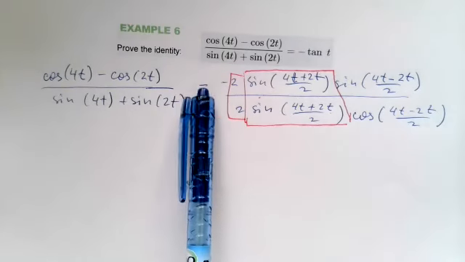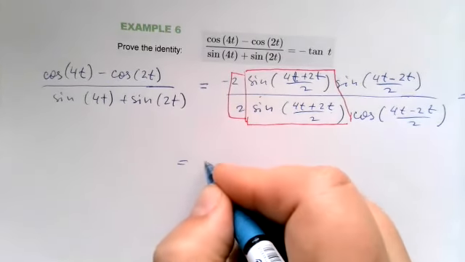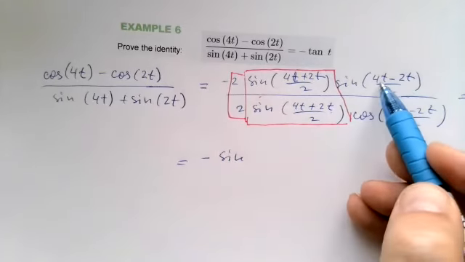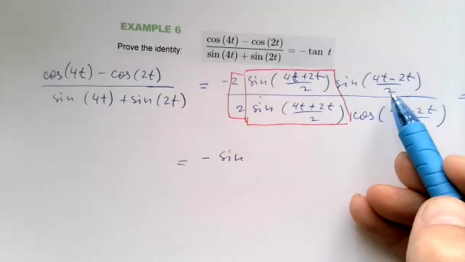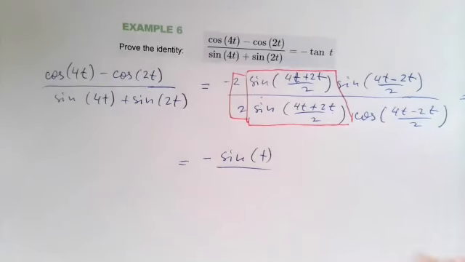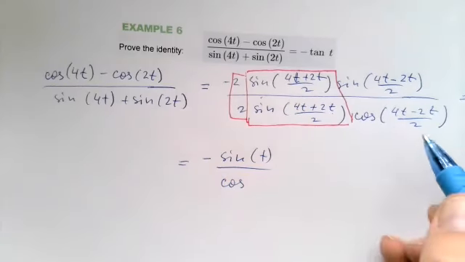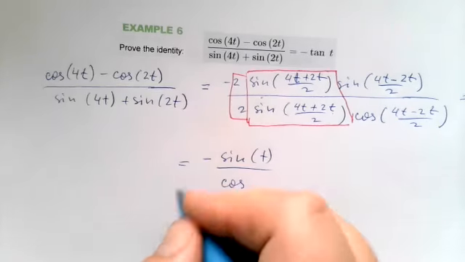This negative stays. So we're going to have negative sine of 4t minus 2t is 2t divided by 2, is just going to be t, over cosine of 4t minus 2t is 2t divided by 2.